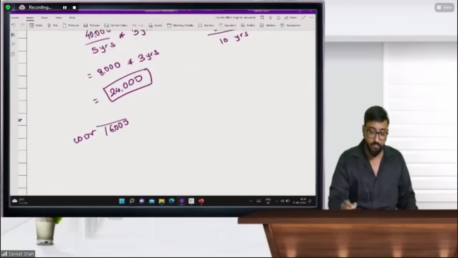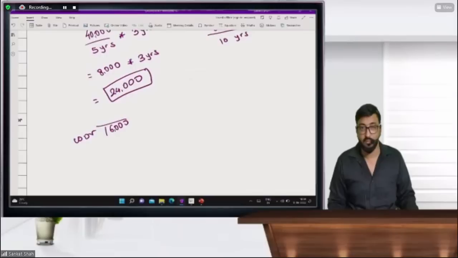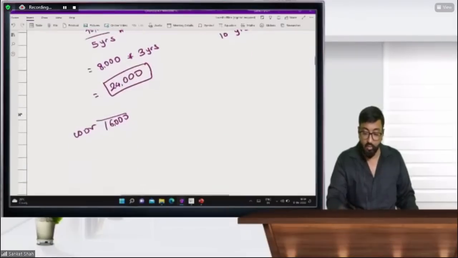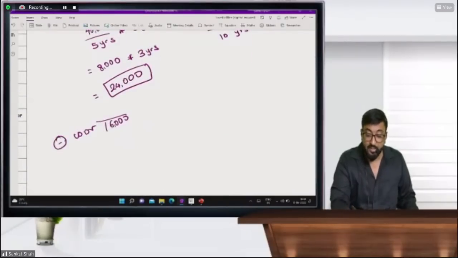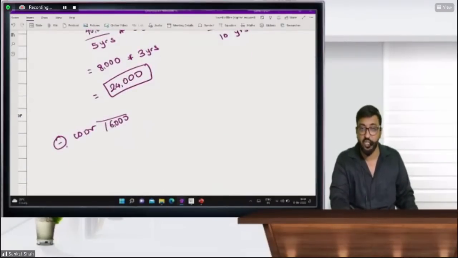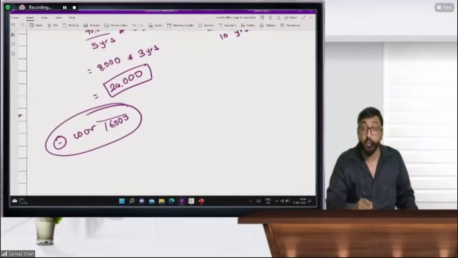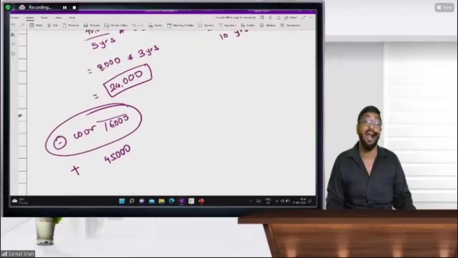Now beta, understand it. When I replace with a new compressor after 3 years, I will reduce the balance in the compressor, that is the previous replacement part, and I will add the new one. Suppose the new compressor costs me 45,000. So I will add 45,000.